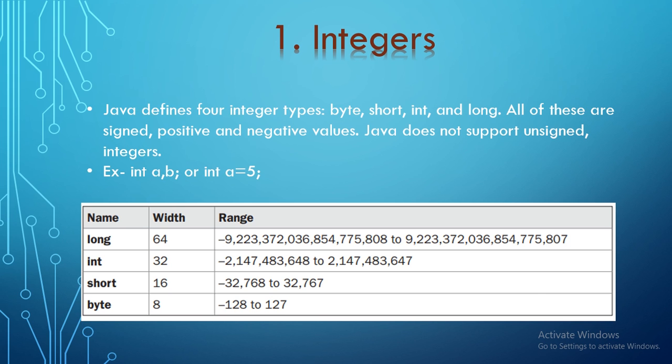The third one is short. Short has a width of 16 bits and ranges from minus 32,768 to 32,767. And byte is the smallest, which is 8 bits, with a range of minus 128 to 127.